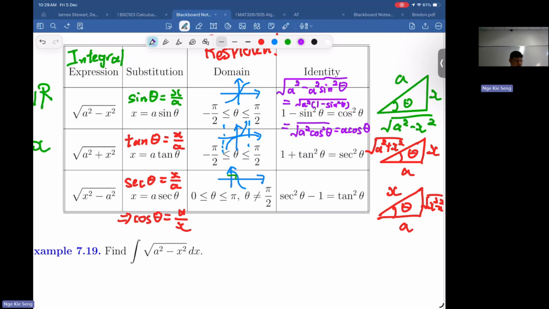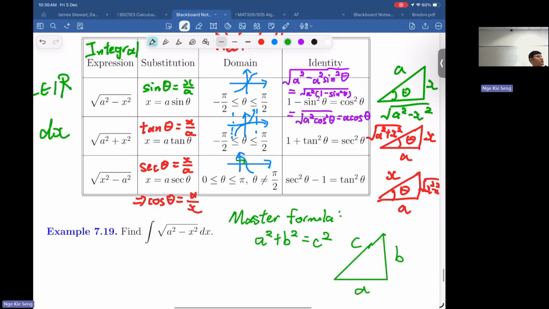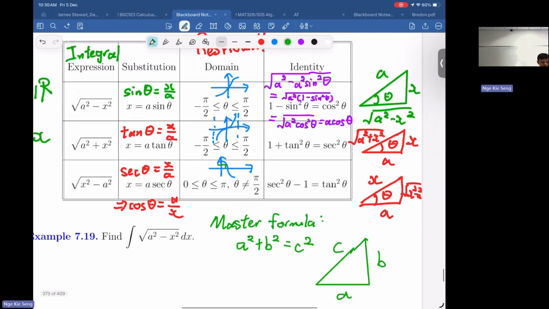So the master formula I think you need to remember is a squared plus b squared equals c squared, so c, a, b like that. And a squared minus b squared equals c squared.